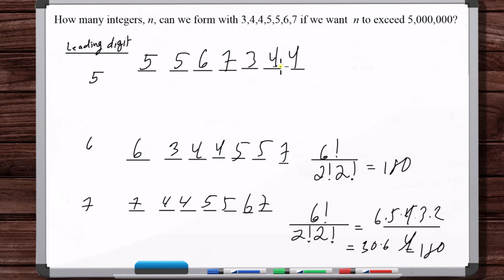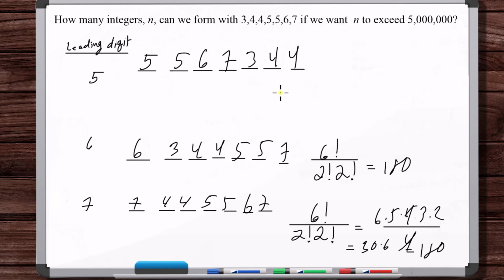No, it's just the total number of ways this can rearrange. What I'm saying is, are we counting the fact that these two 5s switch spots? I don't think so. No, because you put a 5 here, this is isolated from the rest of the problem. It's all about this here.